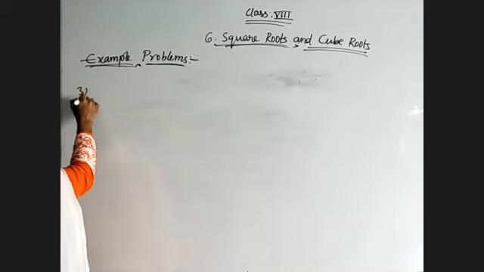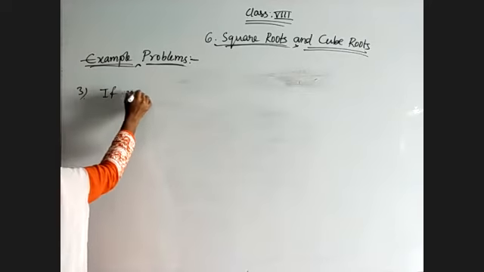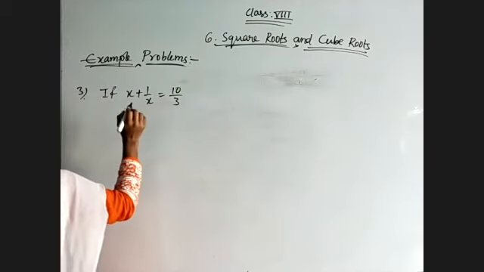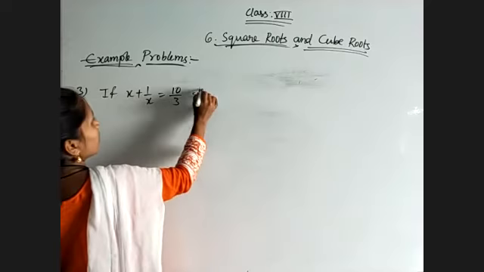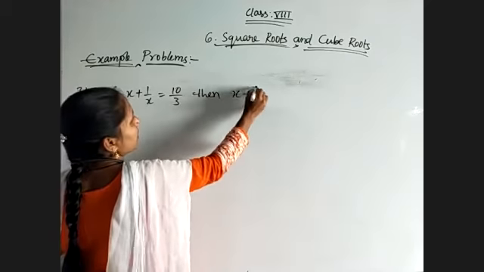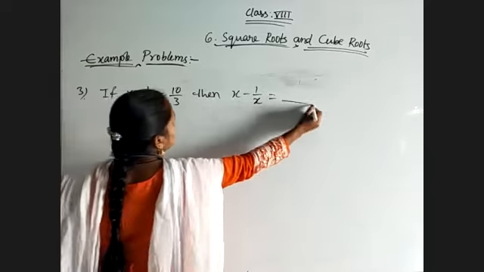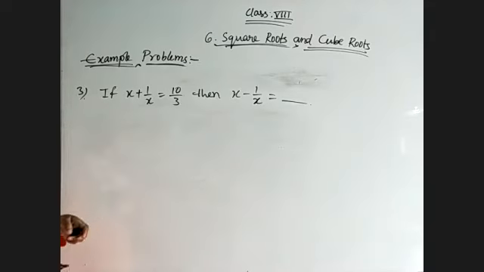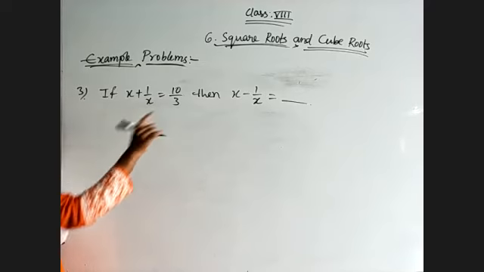If they are given like this: if x plus 1 by x is equal to 10 by 3, then x minus 1 by x is equal to what? Such type of questions we can solve by using algebraic identities. Already you learned till 15 identities. Now, which identity is suitable here? A plus b and a minus b formula.